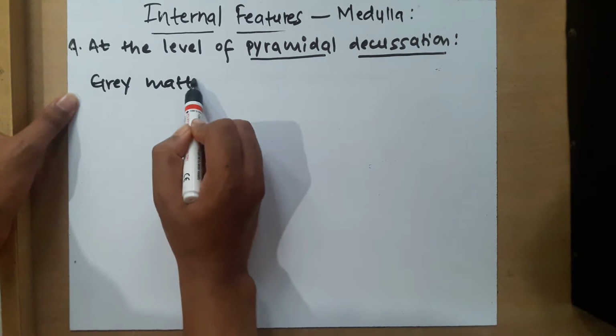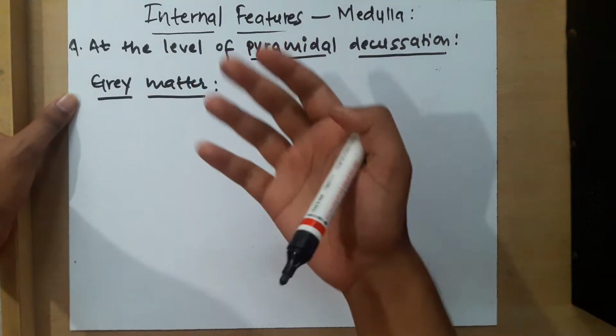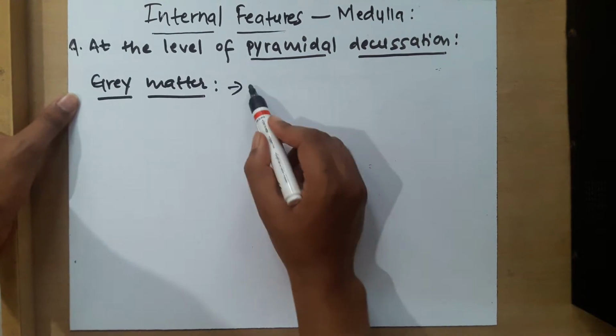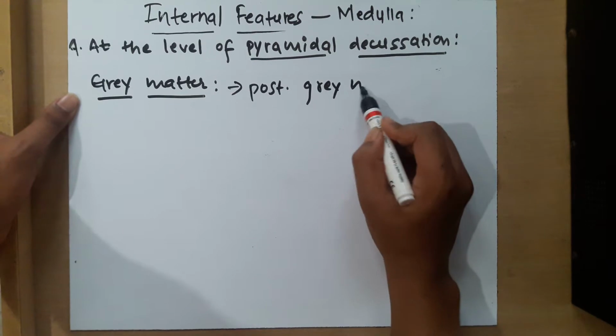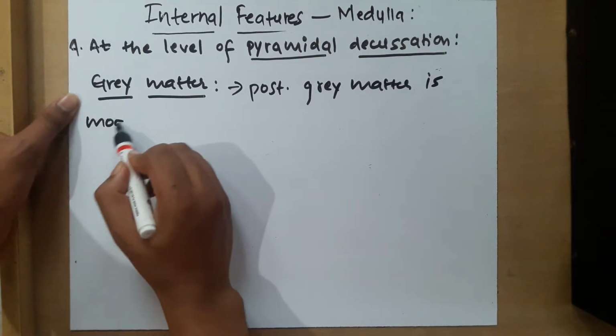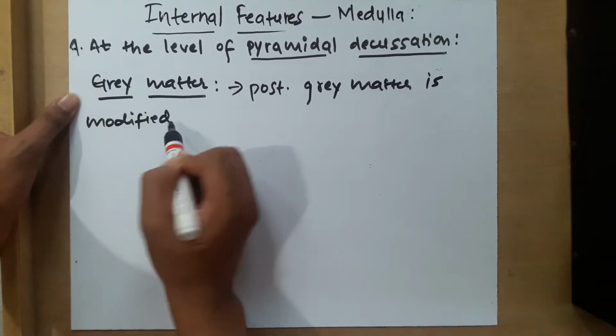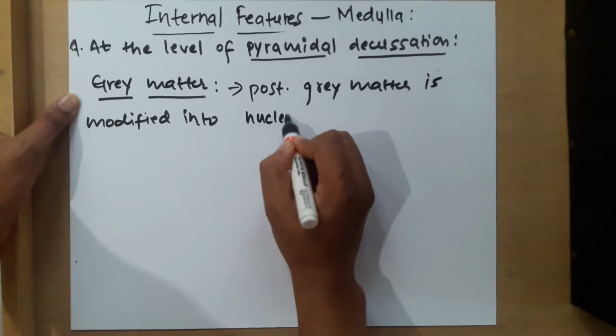Coming to the gray matter, the posterior gray matter is modified into nucleus gracilis.